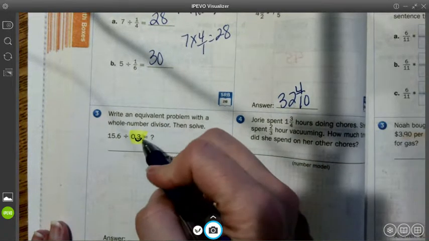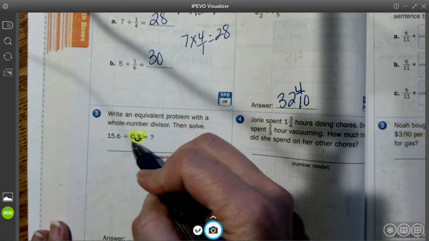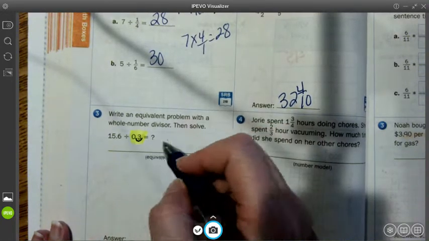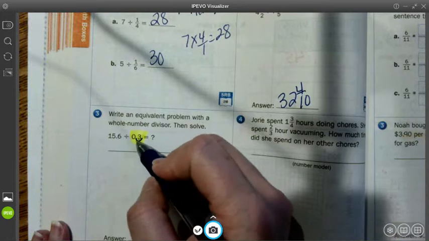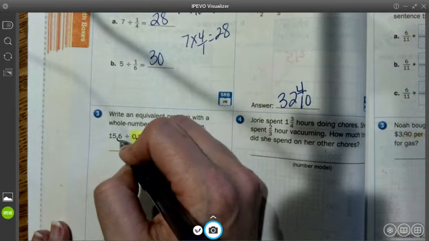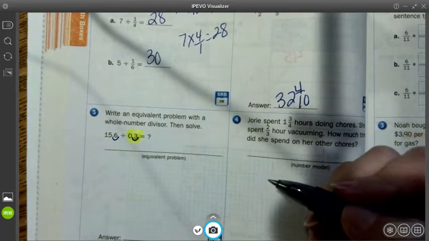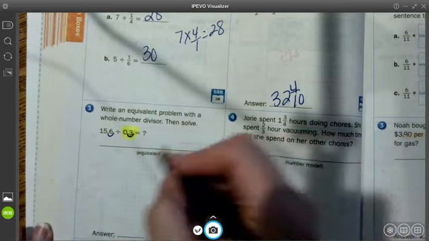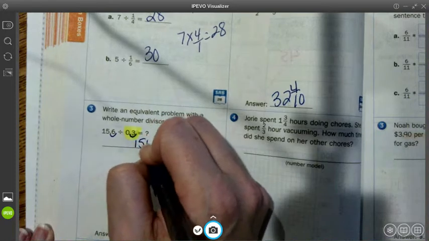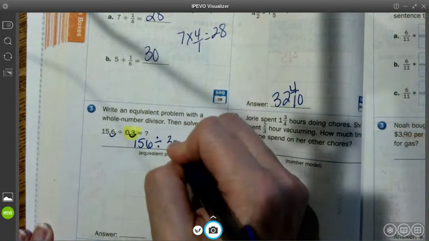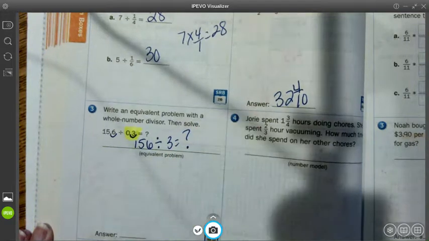The way that you do that is basically you just move the decimal until you have a whole number. But the trick is if I moved it in my divisor, I also have to come over here and move it in my dividend the same amount of places. So if I moved it here one place, I'm going to have to move it over here one place. So my equivalent problem is then going to become 156 divided by 3 equals what?